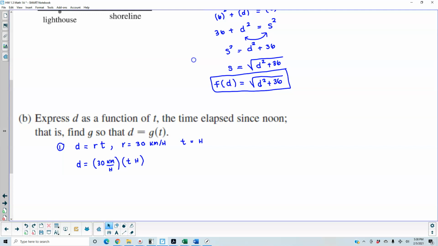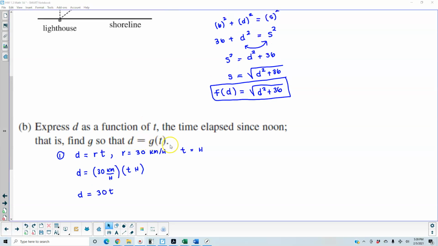That means we can eliminate the h, and so d is going to equal 30 times t. So therefore, it's going to be 30t. So we know that d now has to be replaced with g of t. So therefore, this becomes g of t, which is equal to 30t.